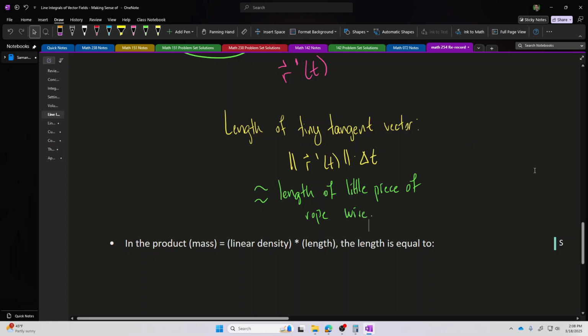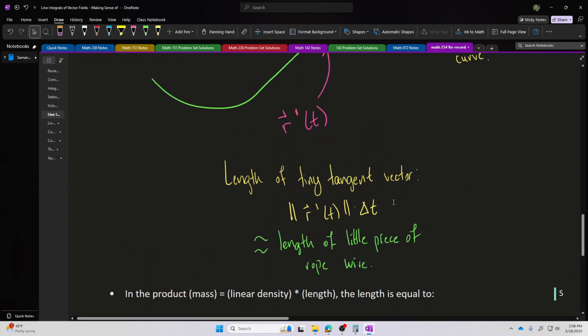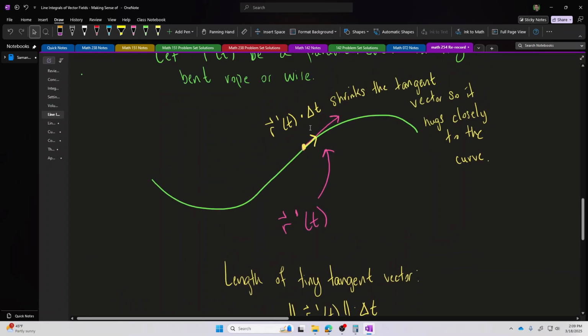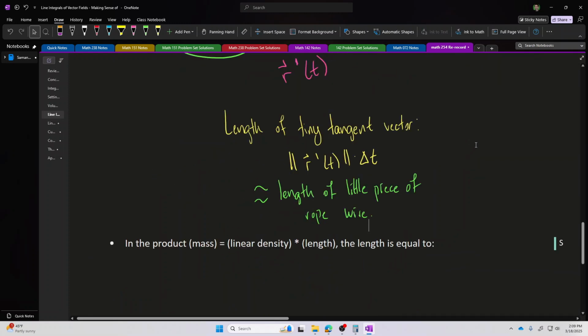Okay, so now we have found an expression that very closely approximates lengths of little pieces of the rope or the wire. So now I'm going to use that to help me to find the mass of this little segment.